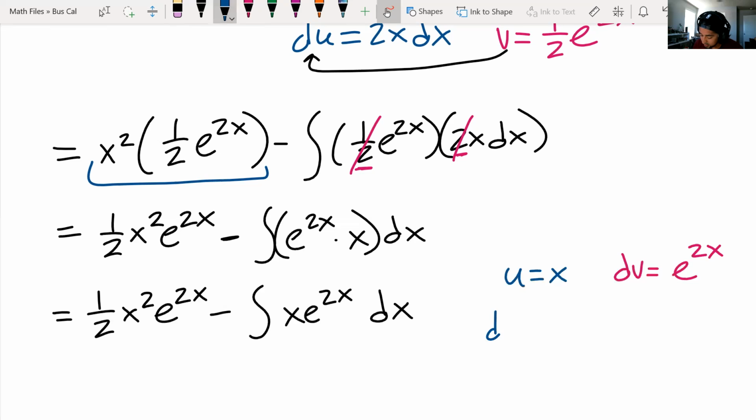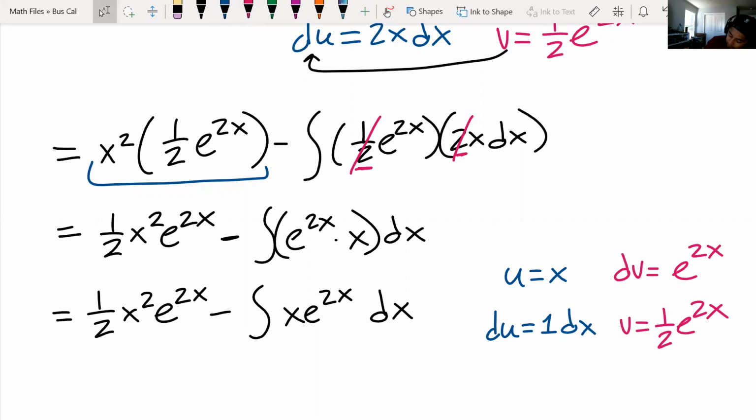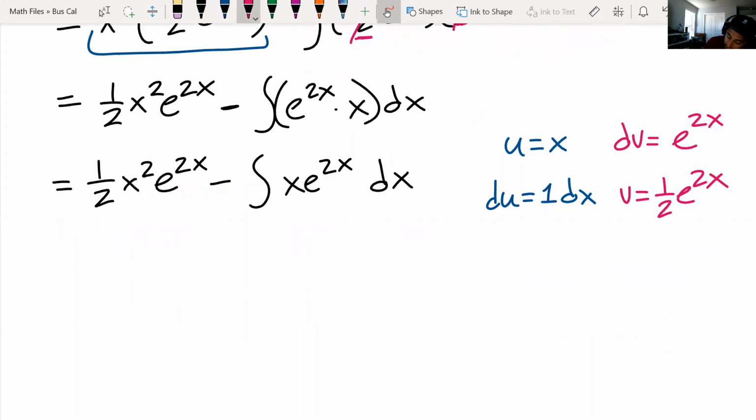And now du equals 1 dx, and v again is 1/2 e to the 2x. Now set up the formula one more time.